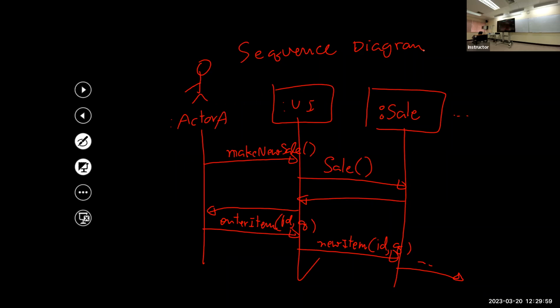After that, what happens in the system? One object sends a message to another and tells the other object to do this and that. So you will see the detail of how things work inside the system through the sequence diagram.